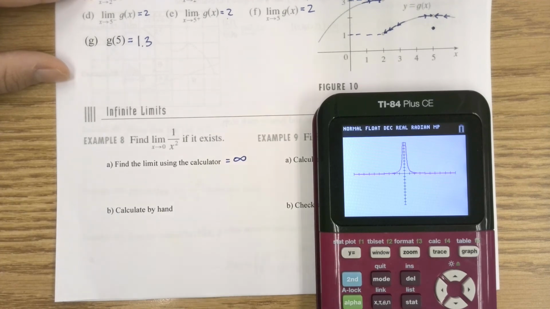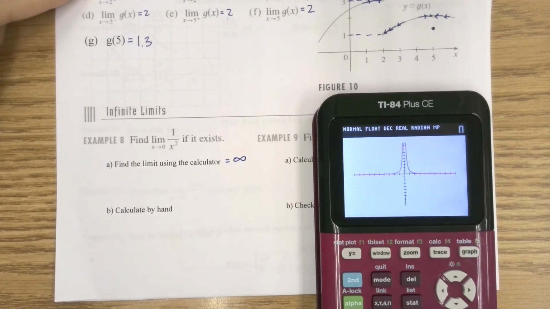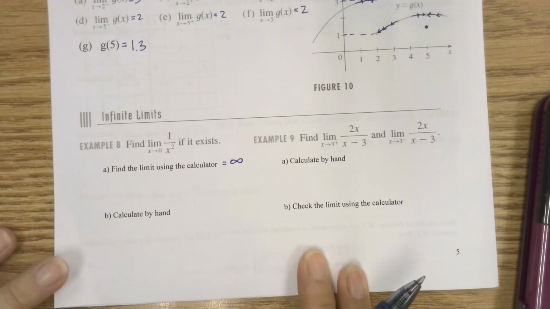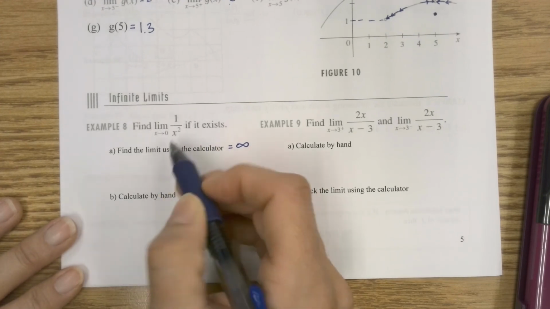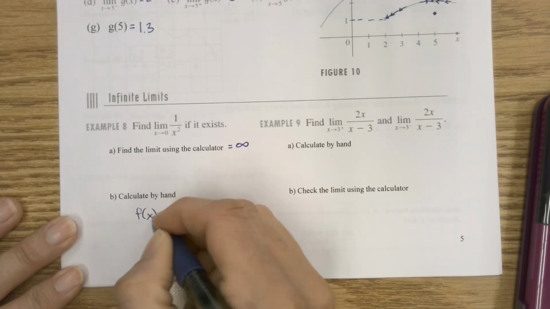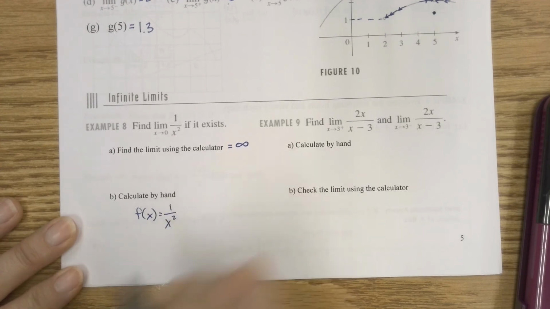Okay, so what if I asked you to calculate this by hand and I did not allow you to have a calculator? What would we do here? What we're going to do instead is try to remember what this function tells us from Algebra 2.